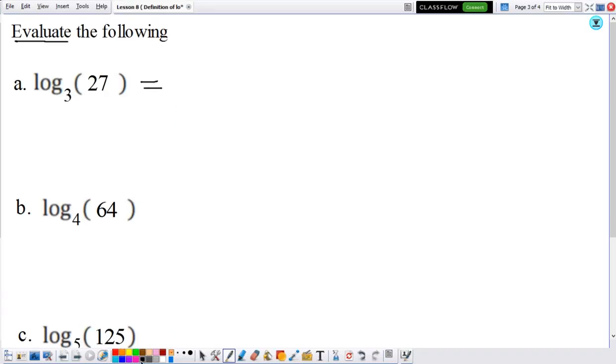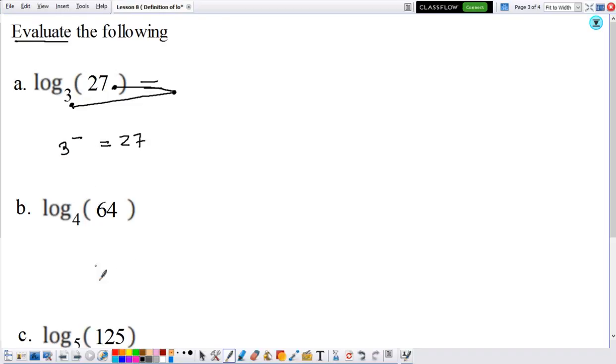Well, we're going to be using the same idea as the previous slide. Base, which in this case is 3. 3 to what exponent does it give me what's inside the parentheses, which in this case is 27? 3 to what exponent? We're missing the exponent here. Does that equal what's inside the parentheses?